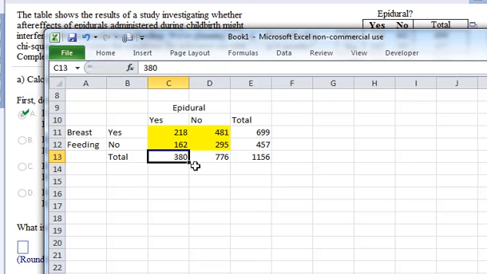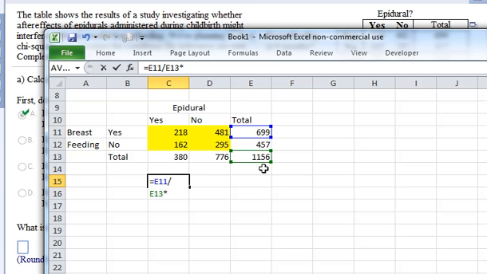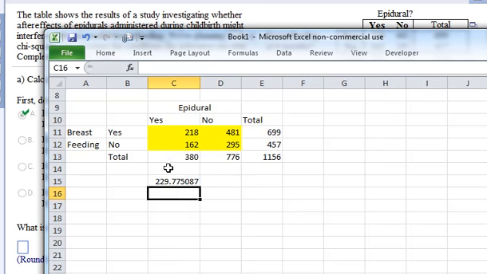So for the expected column, right here we're going to do an equal sign. We'll do this row divided by the total, and then times the column for yes for epidural.